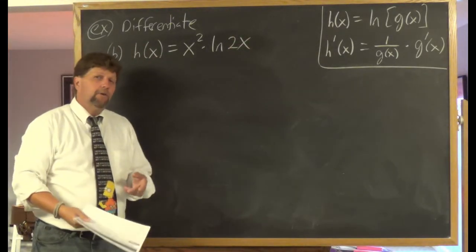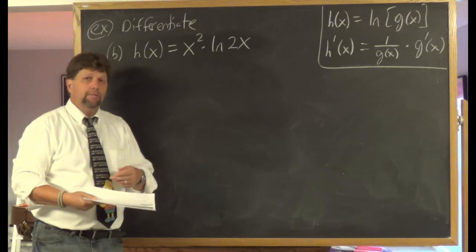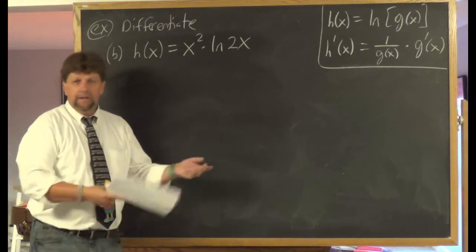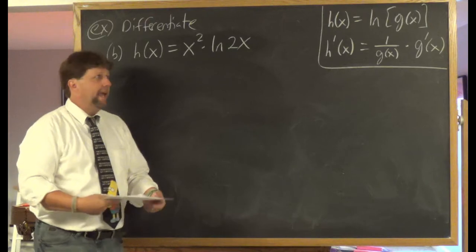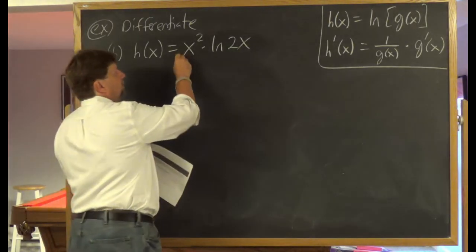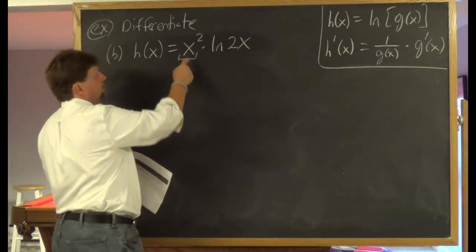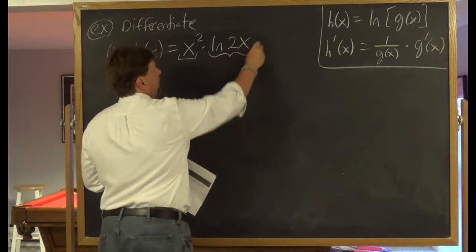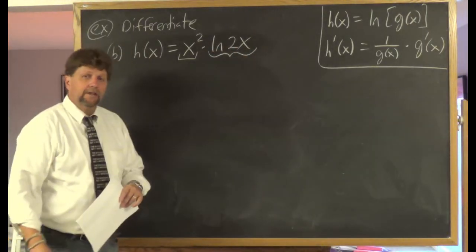Well, hey, what's kind of cool here is we get to use the product rule. See, all these old rules, they're still playing the game. So remember the product rule. I have a function, x squared, times another function, ln 2x.